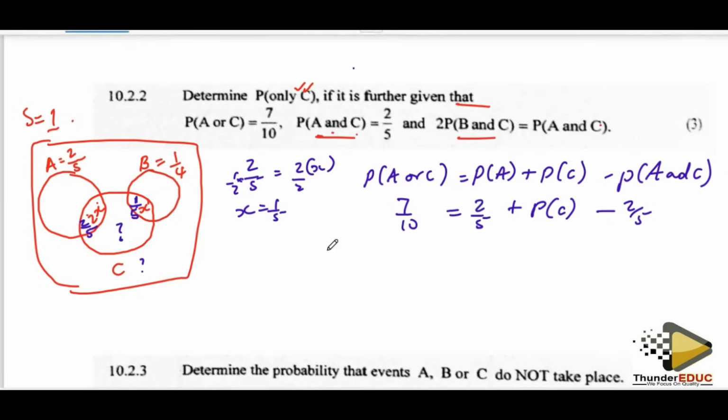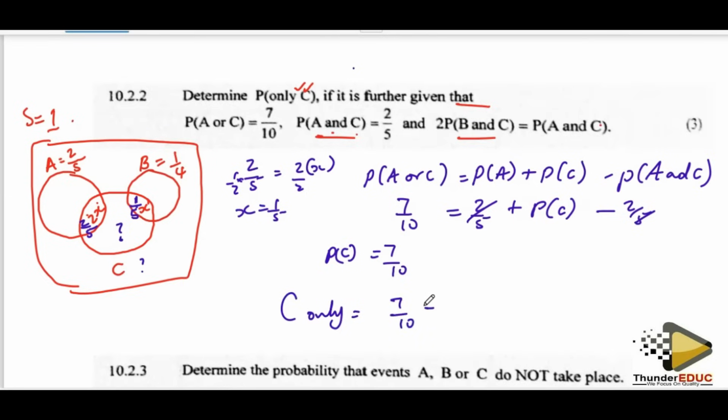Which means probability of C is just 7 over 10, because this is going to cancel that. Then if C is 7 over 10, the question is asking for the probability of C only. So C only is going to be my 7 over 10.